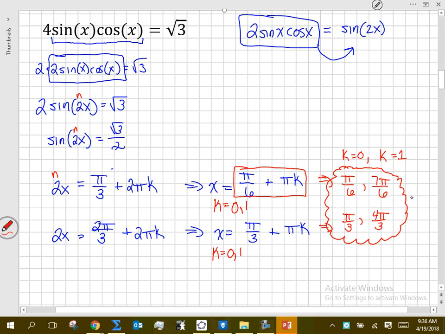If I wanted the infinite number of solutions, we would just add 2 pi k to all of those, where k again is an integer. So again, processes that we went through: identity substitution there, multiple angle process there.